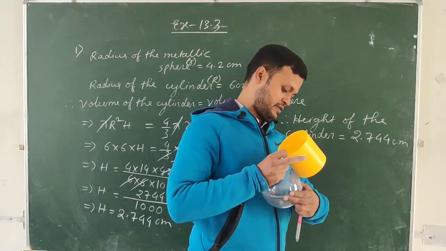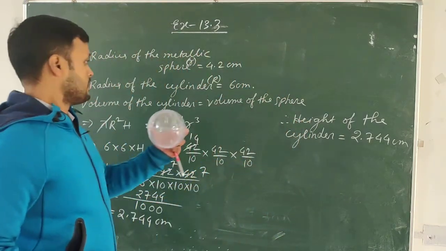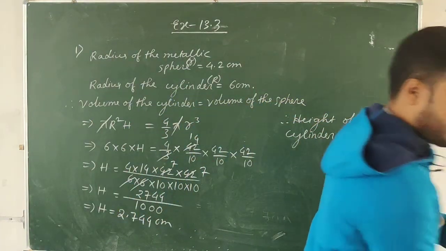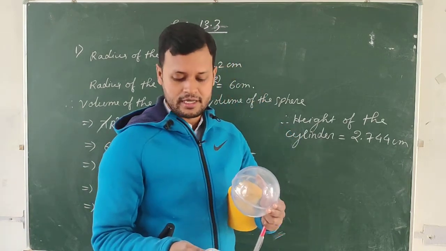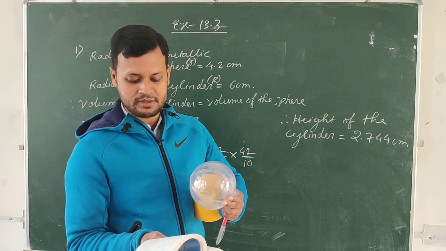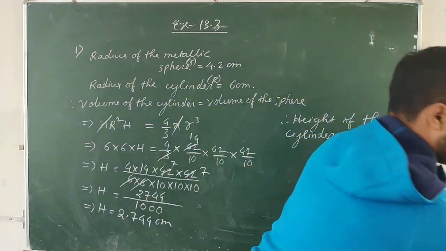Consider this to be a metallic sphere. In the question they said that a metallic sphere of radius 4.2 cm is melted and recast into the shape of a cylinder of radius 6 cm. Find the height of the cylinder.